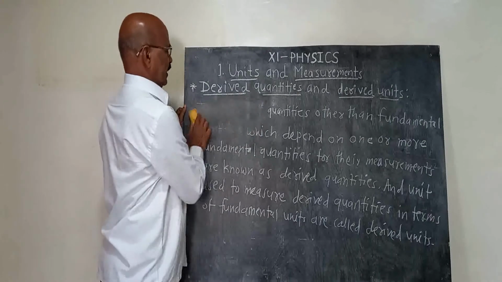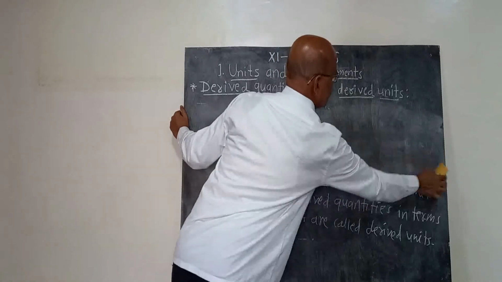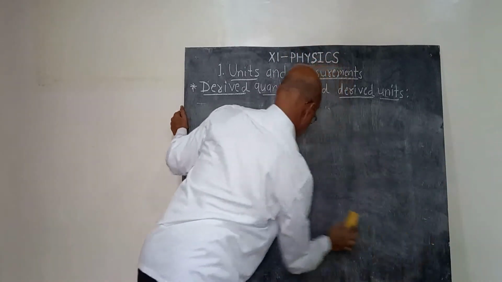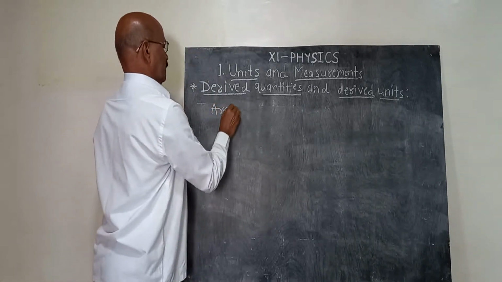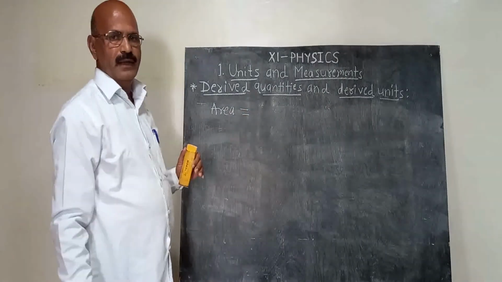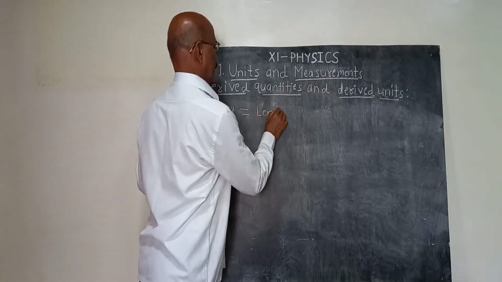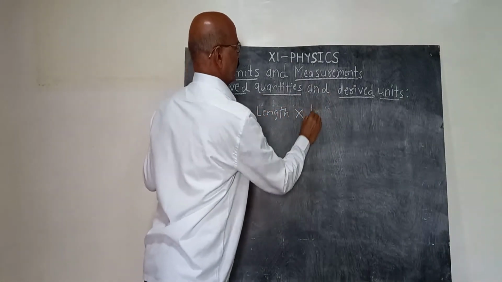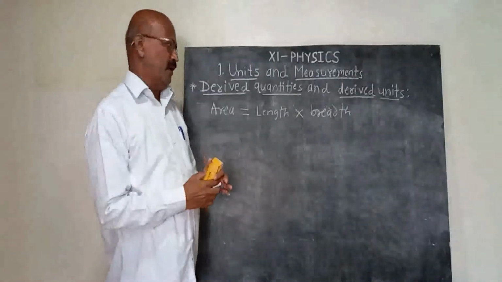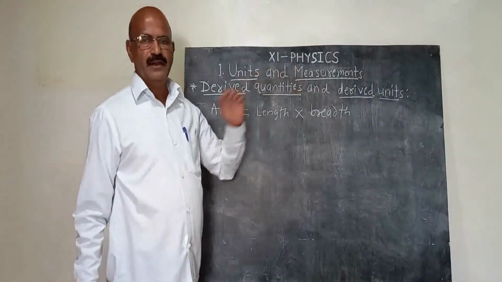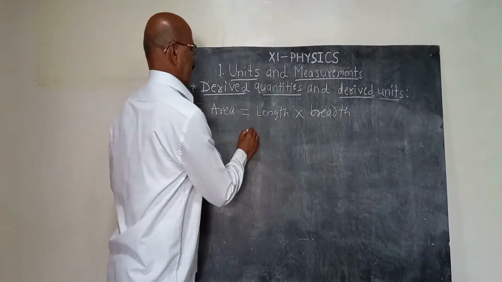First derived quantity is area. You know the formula for area, that is length into breadth. By using the SI unit of length and the SI unit of breadth, we get the SI unit of area.